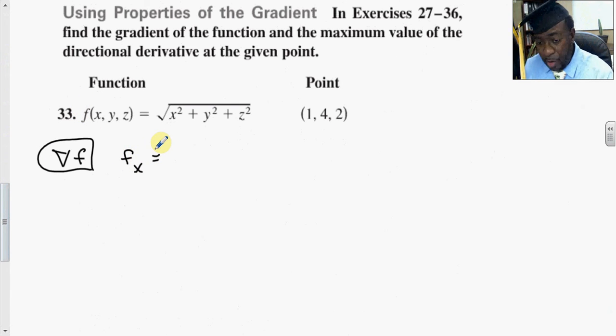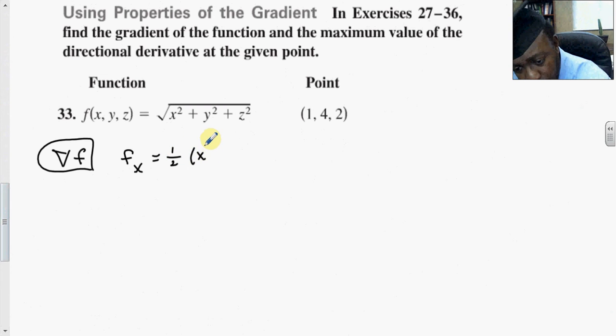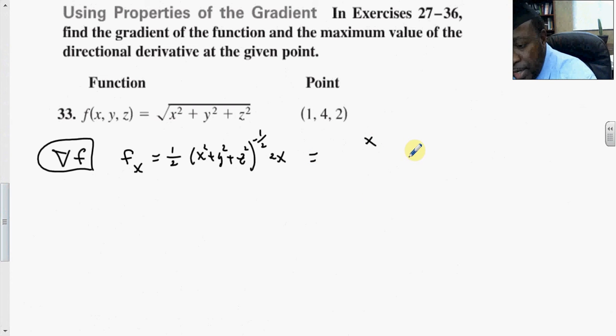This is x over this square root. Well, if you need to see it for the first one, this is 1/2 times x squared plus y squared plus z squared to the negative 1/2 times 2x. So this is x over the square root of x squared plus y squared plus z squared.